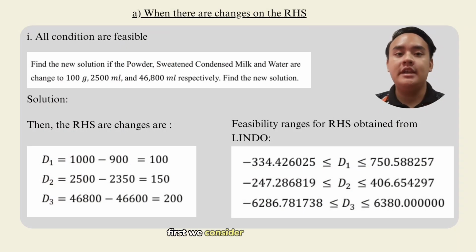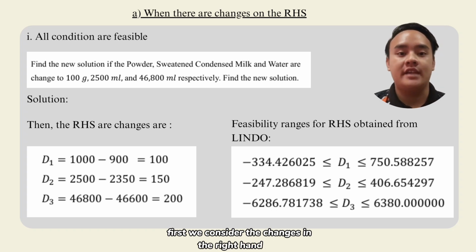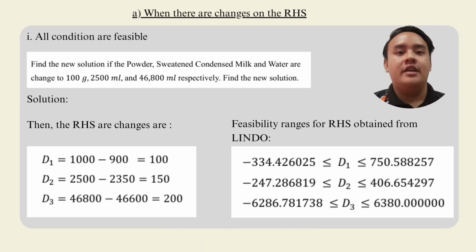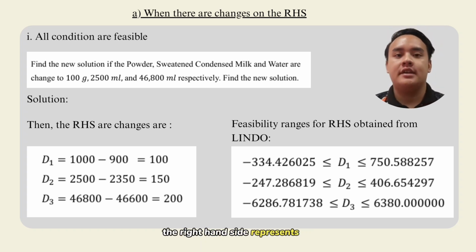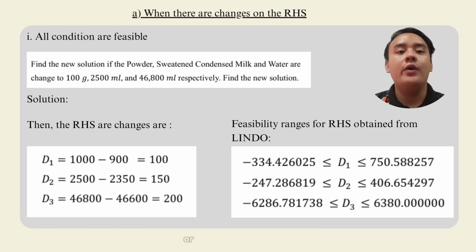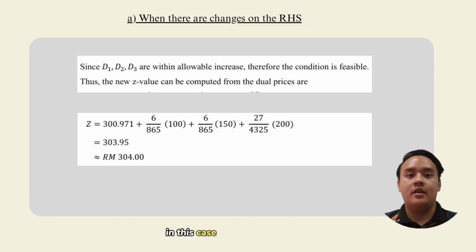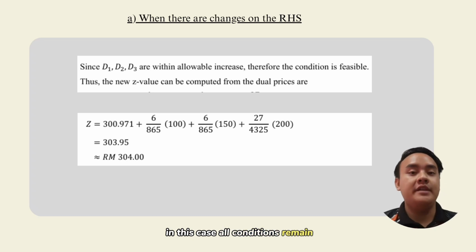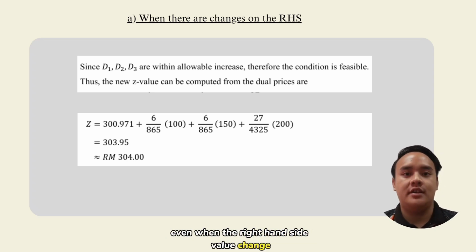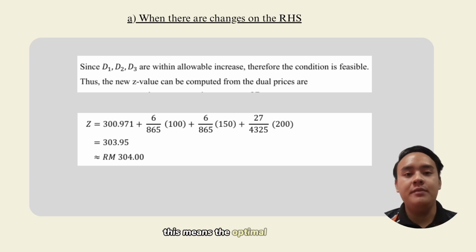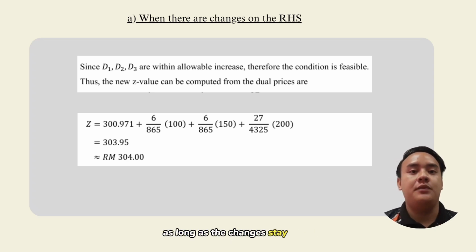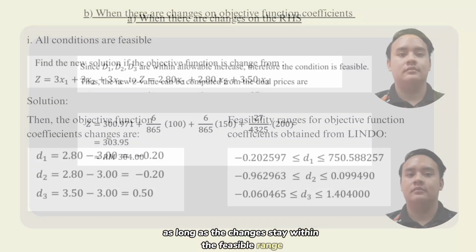First, we consider the changes in the right-hand side of constraints. The right-hand side represents the available resources or limitations in the model. In this case, all conditions remain feasible even when the right-hand side value changes. This means the optimal solution is still valid as long as the changes stay within the feasible range.